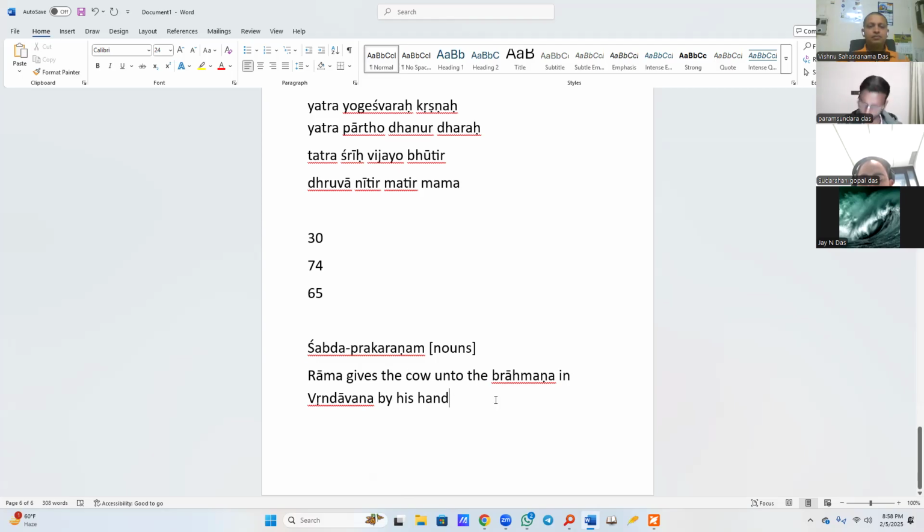Now, if I just say hand, or Vrindavana, or Brahmana, or cow, or Rama, apart from their names, their identity, are they also indicating something else when we just refer to them as nouns?